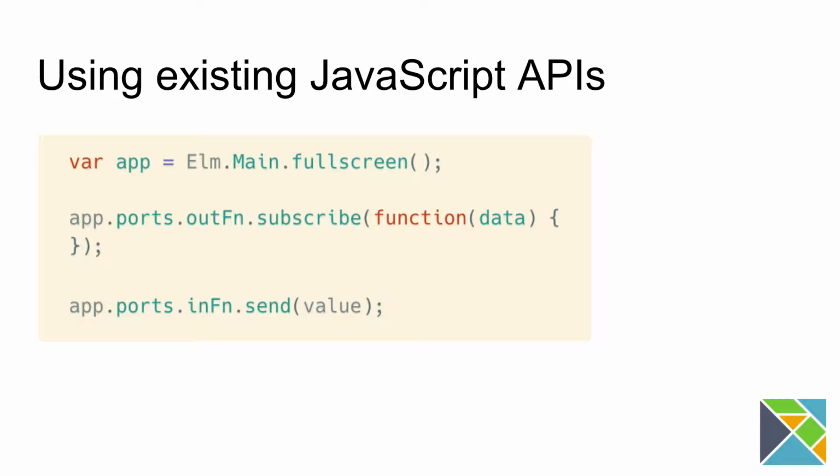So this part is where the no runtime exceptions promise fails, because this is not Elm anymore. And sending a value into Elm is just via the send function. This is synchronous, but just in JavaScript, because in Elm it's again asynchronous because of how the library is handling these calls.